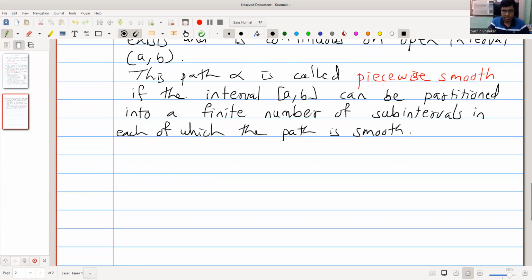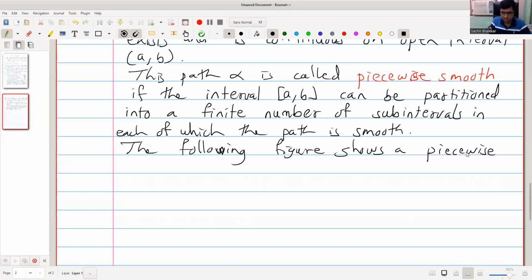For example, the following figure shows a piecewise smooth path. It can be traced like this.